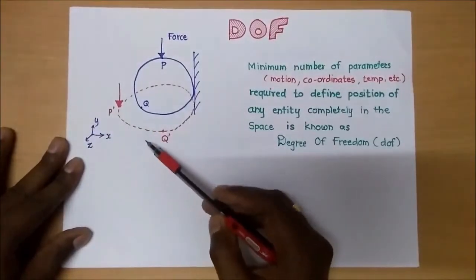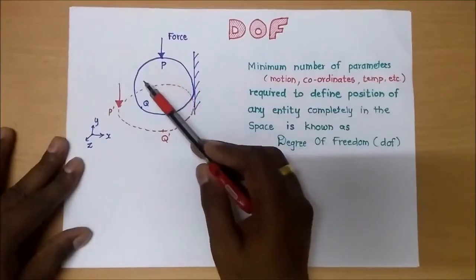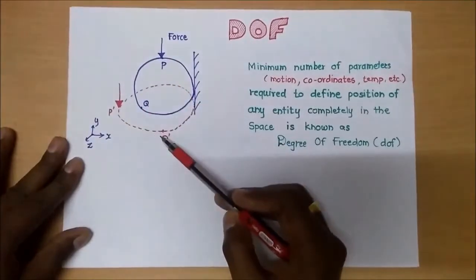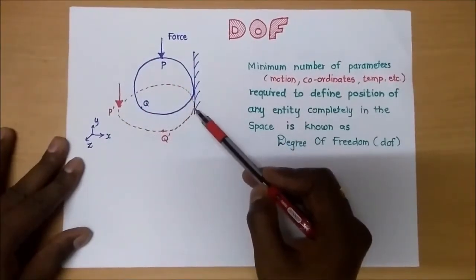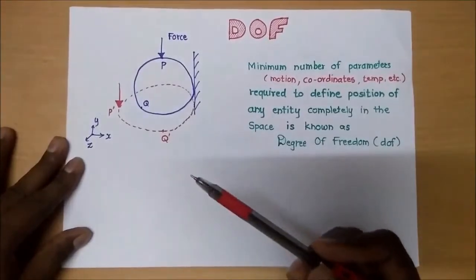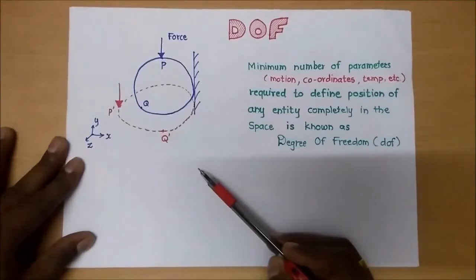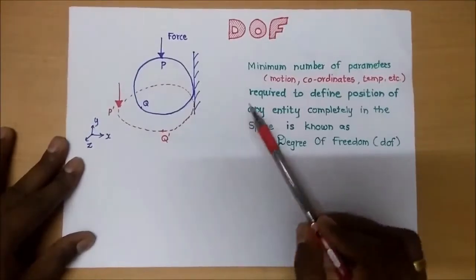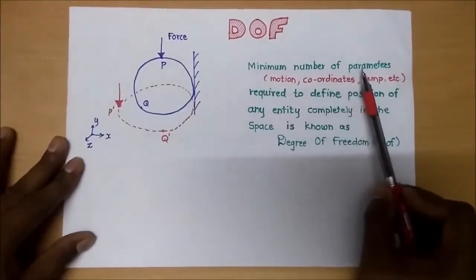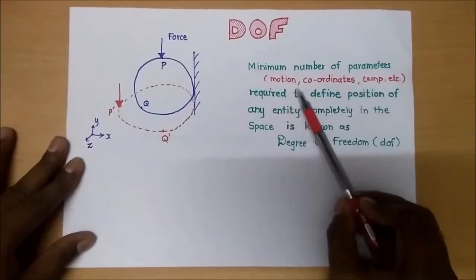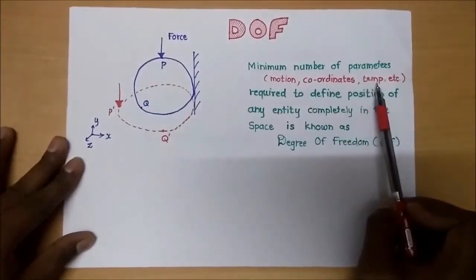In this space, how do we locate these points P, Q and these support points? Here we need degrees of freedom. So what do degrees of freedom indicate? It is the minimum number of parameters like motion, coordinates, temperature.